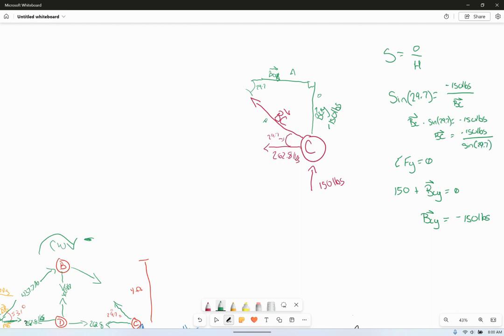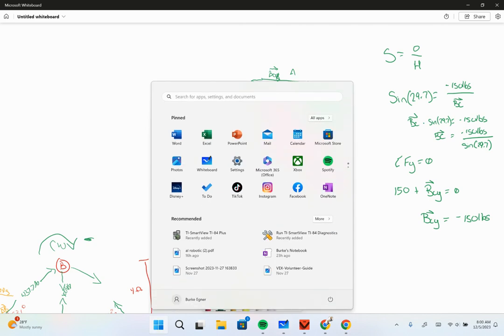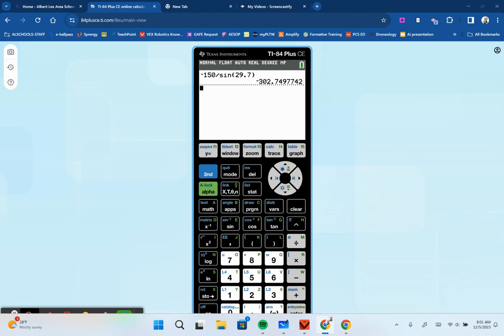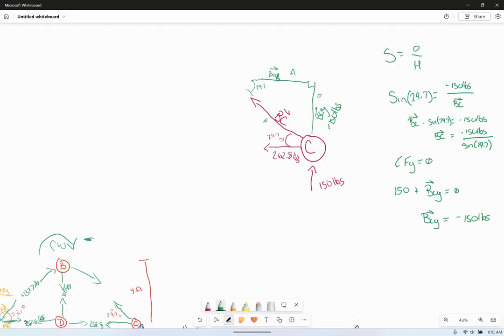So we're going to put that into our calculator. Negative 150 divided by the sine of 29.7 equals negative 302.7. Okay, so we're going to go back in here. So we know that BC is negative 302.7 pounds.